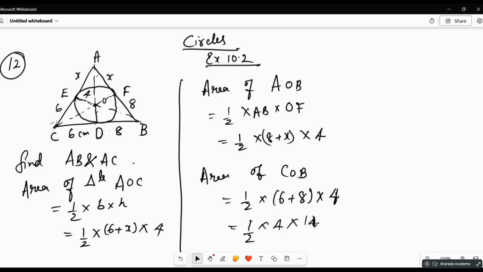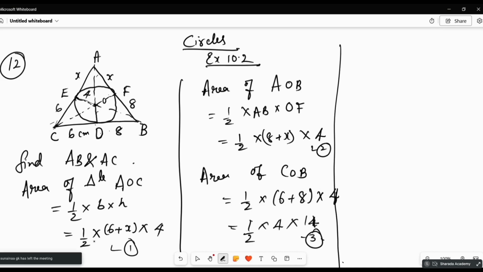So this is the area, we can add everything, that is also equal to the area of triangle ABC. Correct? Add all three, one, two and three. Add everything now. Here I can cancel 2.